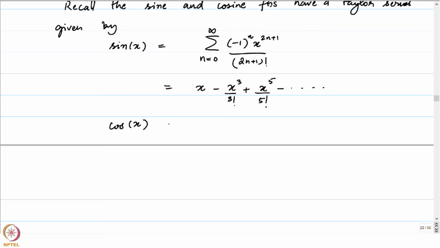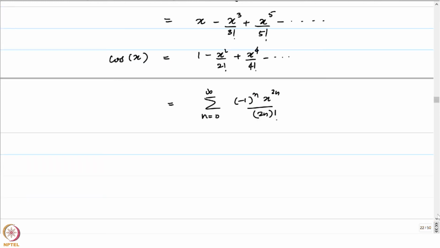Cos of x is basically 1 minus x squared by 2 factorial plus x to the power 4 by 4 factorial and so on. So basically this is summation n equal to 0 to infinity minus 1 to the power n x to the power 2n by 2n factorial.